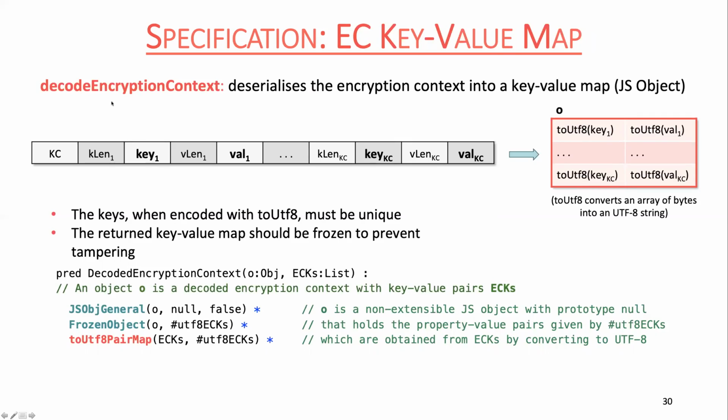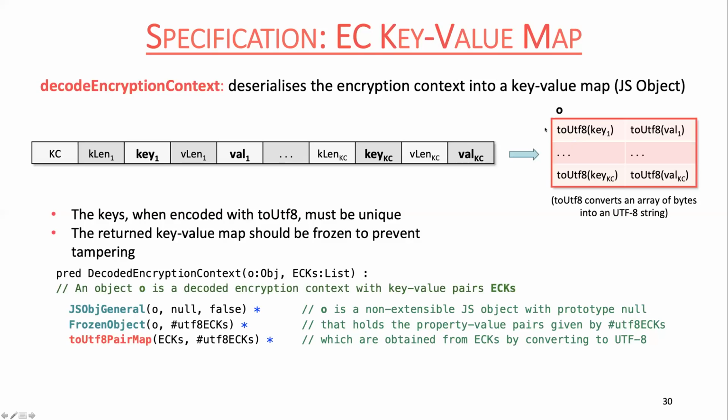Thank you. So we've got this decode encryption context, and what it does is take that list of bytes and turn it into a JavaScript object with these strings. This is the function that Amazon uses to turn bytes into strings.